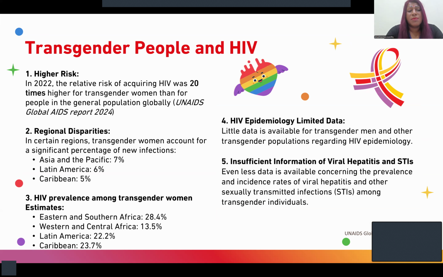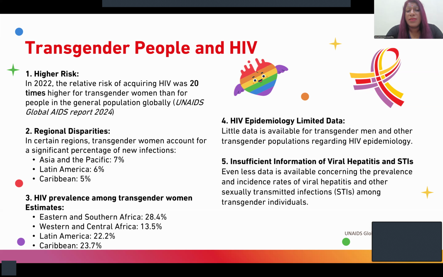Globally, transgender people are 20 times more likely to be HIV positive than other adults. This is largely due to factors like stigma, family rejection, a lack of access to healthcare services, and limited research data coverage on trans people.